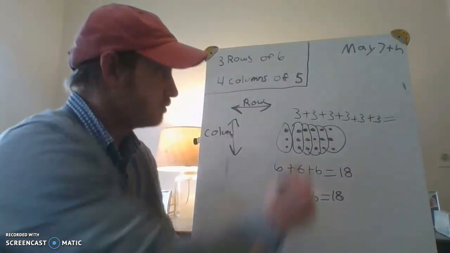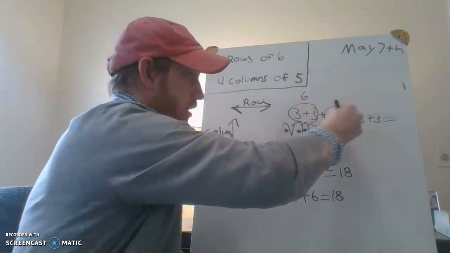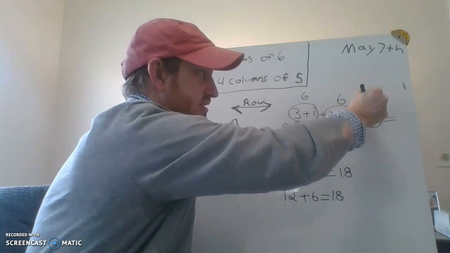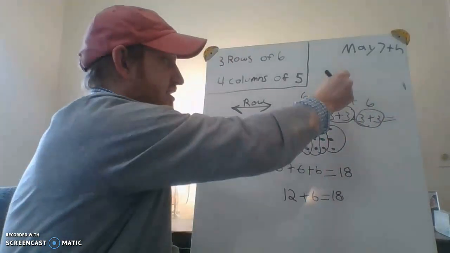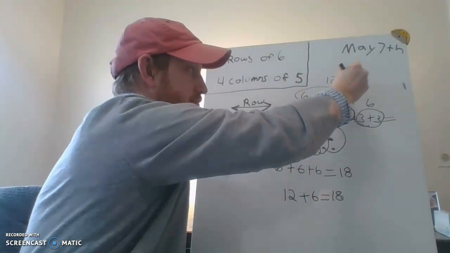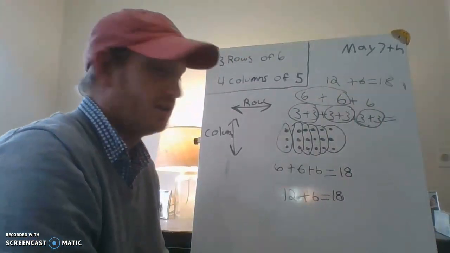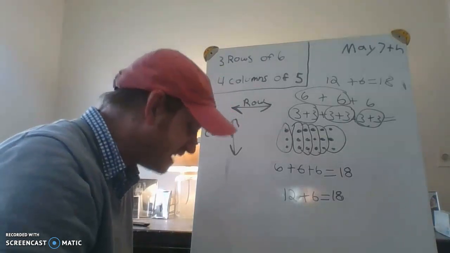Using our doubles, we can see that 3 plus 3 is 6, 3 plus 3 is 6, 3 plus 3 is 6. 6 plus 6 is 12. Plus 6 is 18. So on both questions, we got the same thing.